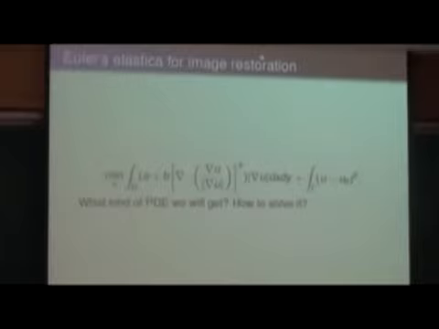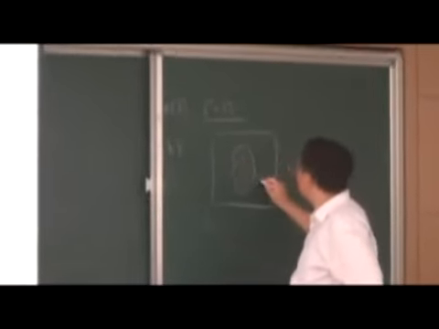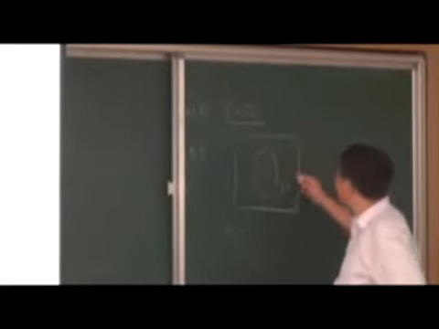And for inpainting, mostly you have an image. So therefore you see this part, the missing part. And here is a gamma. In the gamma part, the image is known. The image is known.